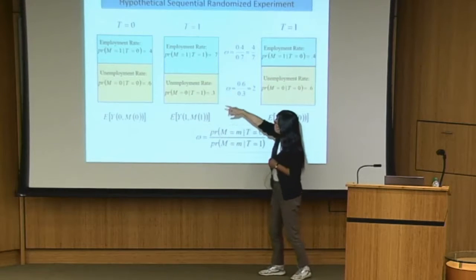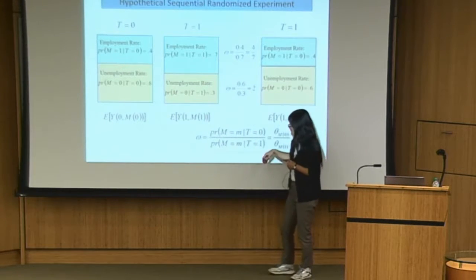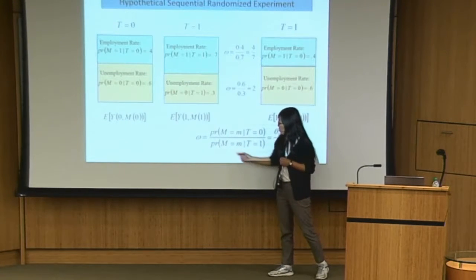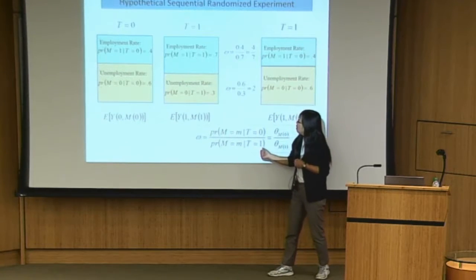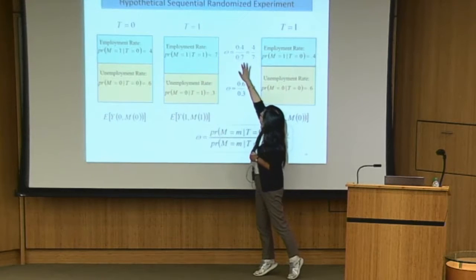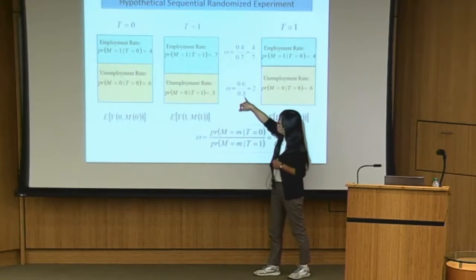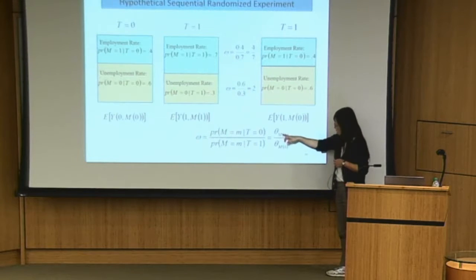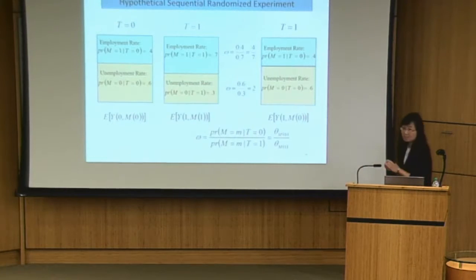And if you're unemployed, the numerator is 0.6. And the denominator is the corresponding probability in the treated group, right? And so it's 0.7 if you're employed, 0.3 if you're unemployed. So that's the general form. And I can use theta M0 in the numerator and theta M1 in the denominator. Theta just represents this conditional probability.